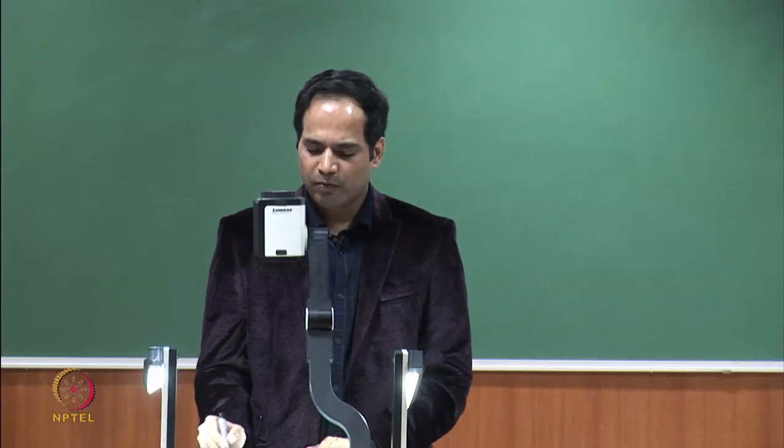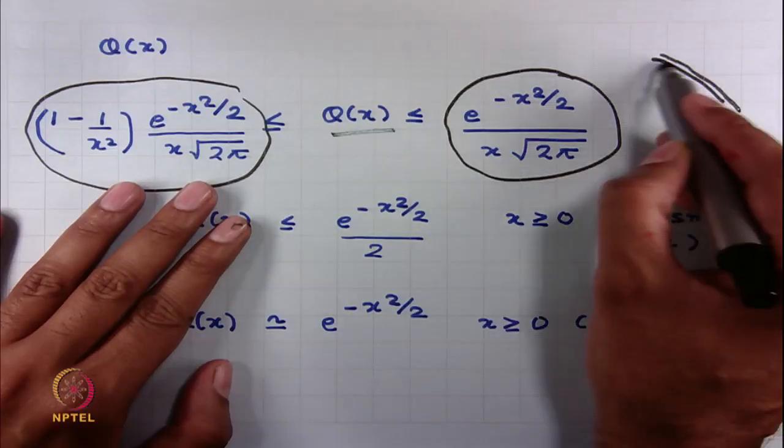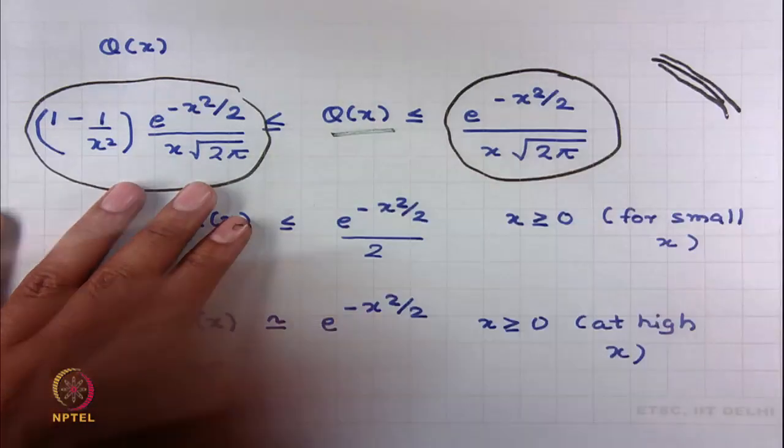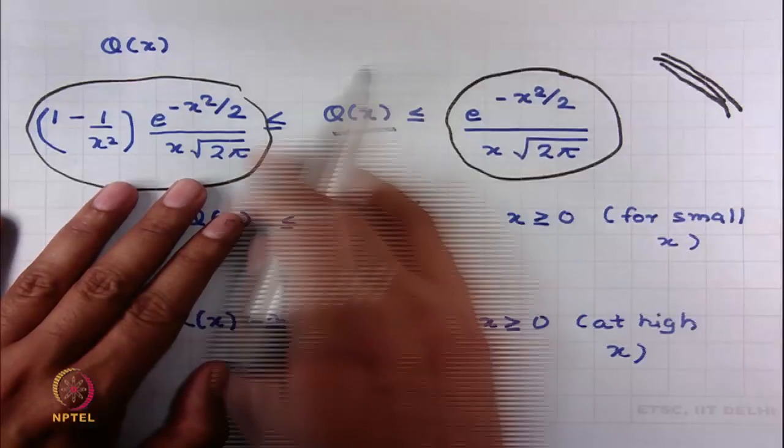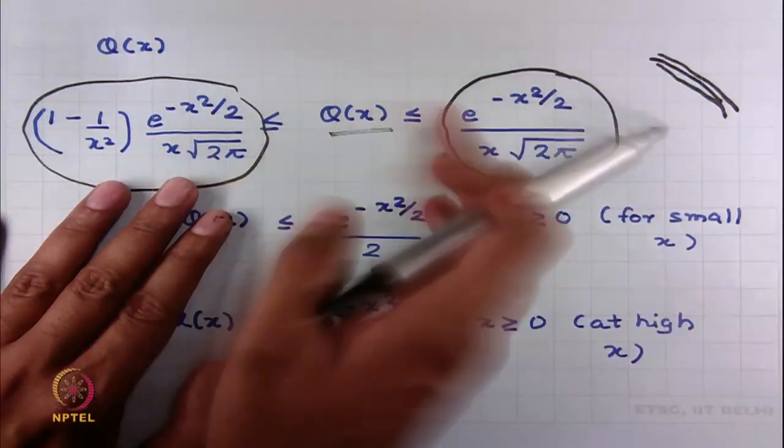So, Q of x always lies between these two functions, and this is a very tight bound. Okay. So, very tight bound. For large x, there is actually no difference between Q of x and these functions.